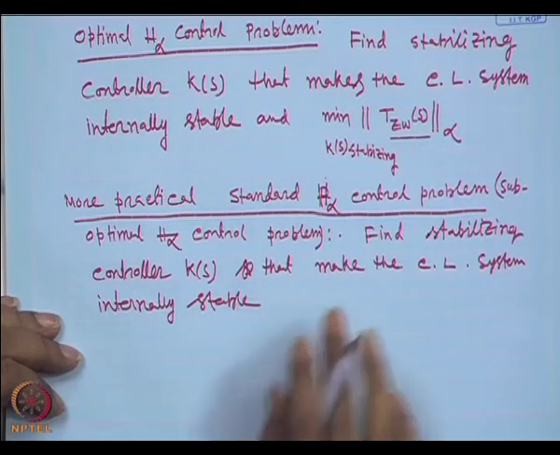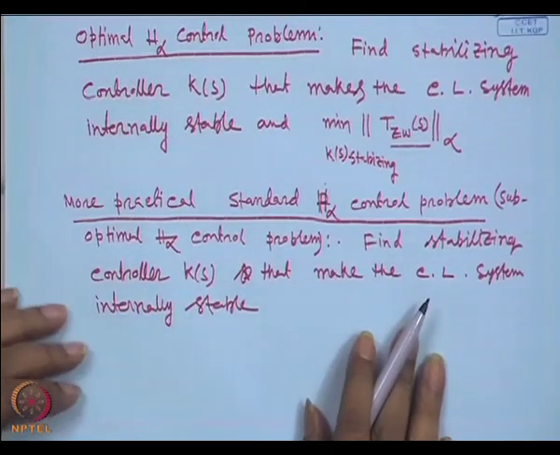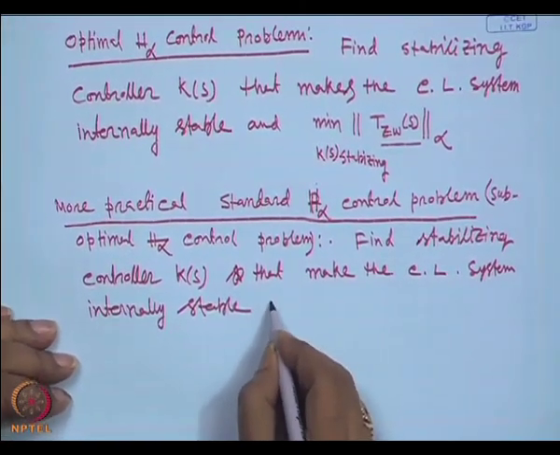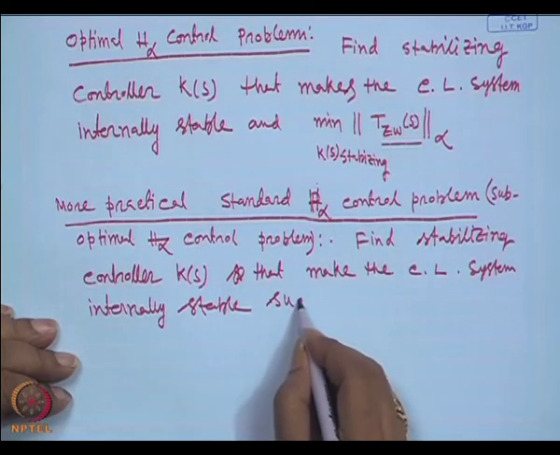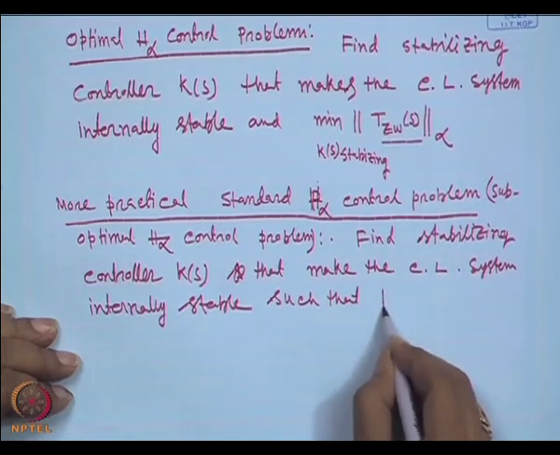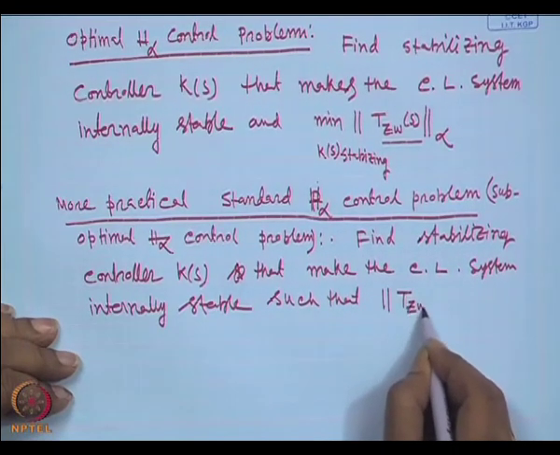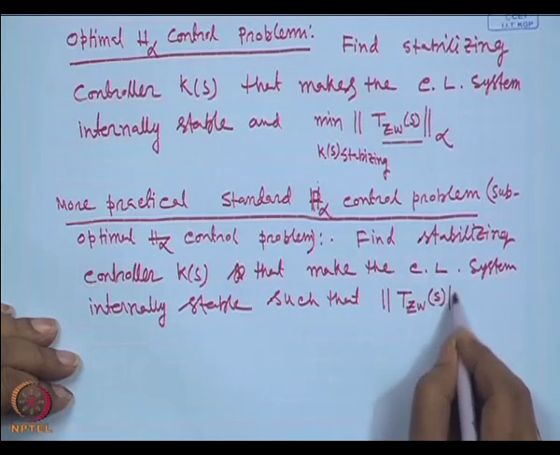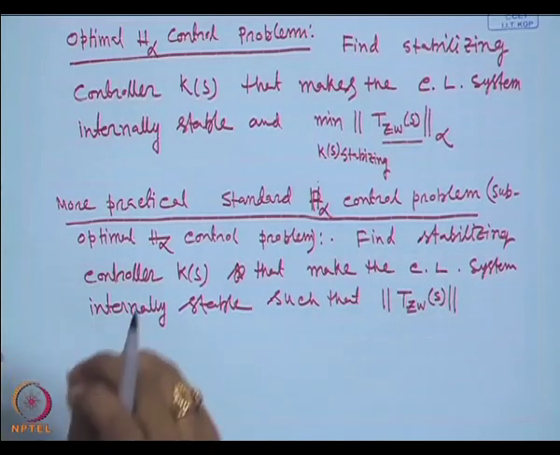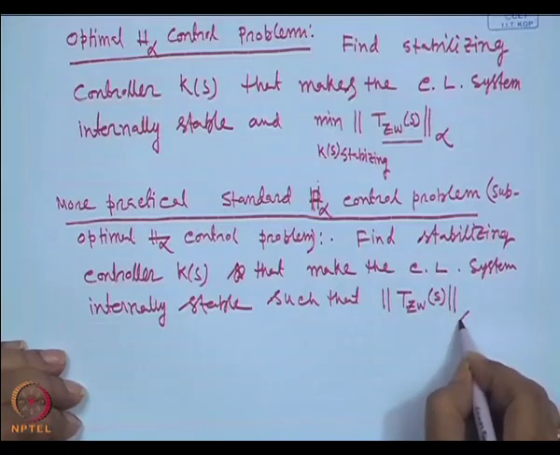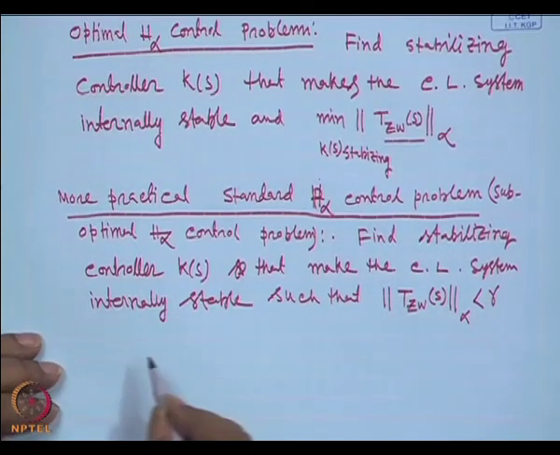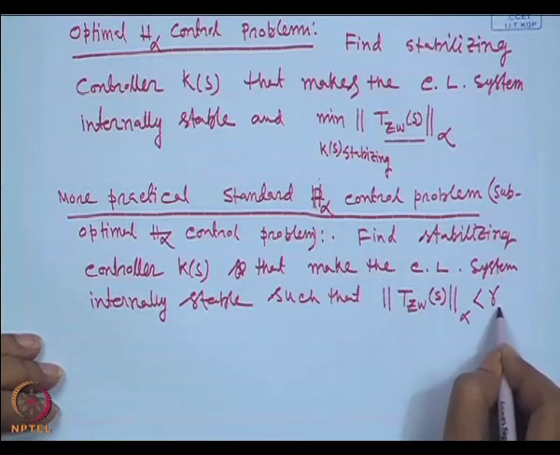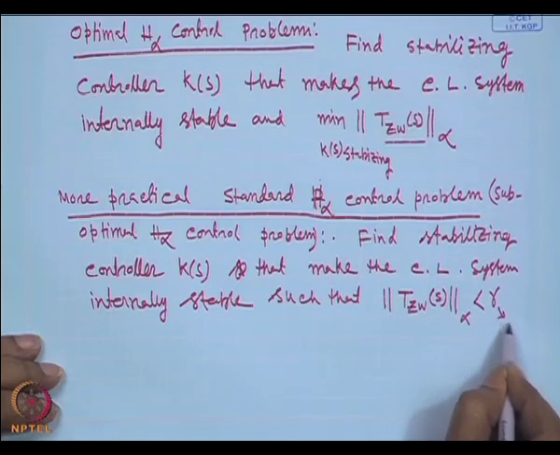The only difference here from the optimal control problem is that, such that the H infinity norm of the transfer function between W and Z will be less than some gamma, where gamma is greater than 0, a positive quantity.